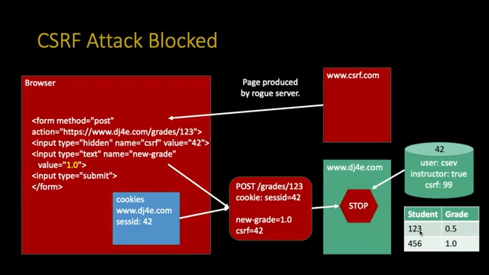Now the attack is blocked, because the rogue server can generate a page, but it doesn't know what the CSRF token is. Maybe it can put in a CSRF value, but it doesn't know the right one. So the post happens, all the data gets gathered up, and it sends a CSRF, but it's not the right CSRF.